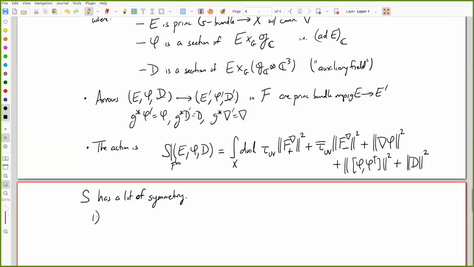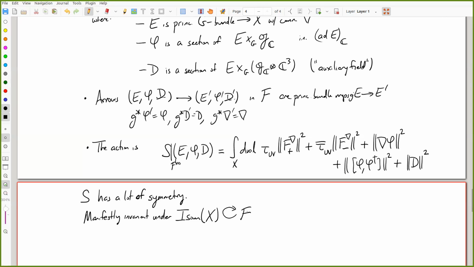Well, from the way I wrote it, at least the bosonic part, it's manifestly invariant under the isometries of X. Meaning that all automorphisms of X actually act on this field space.